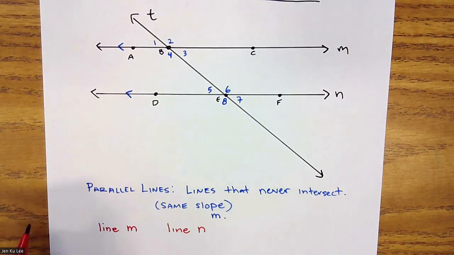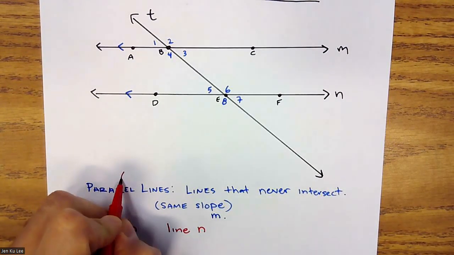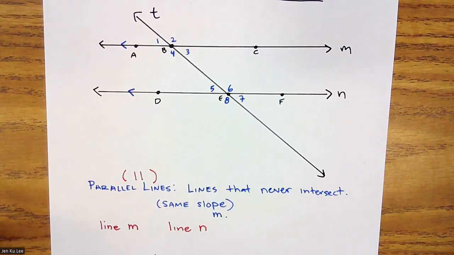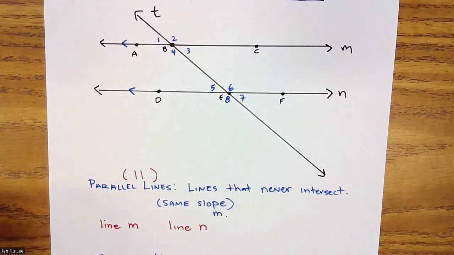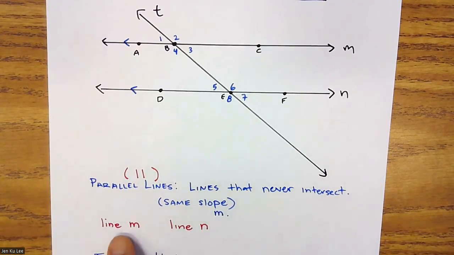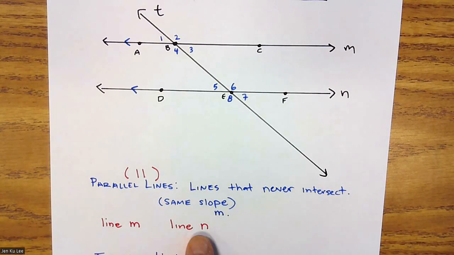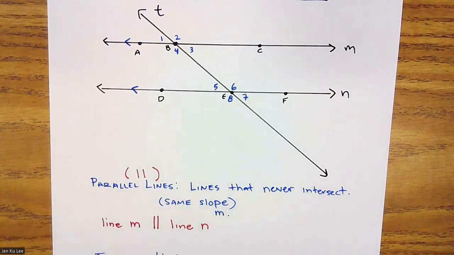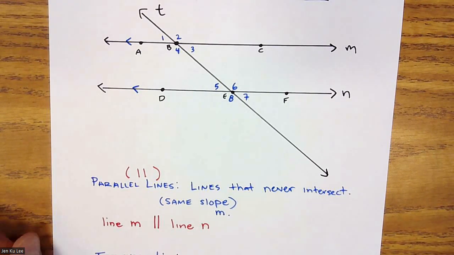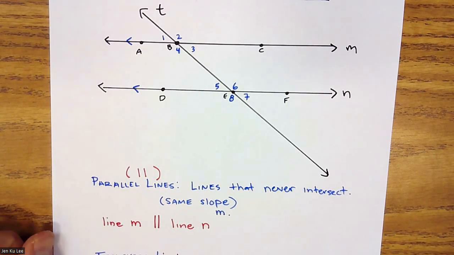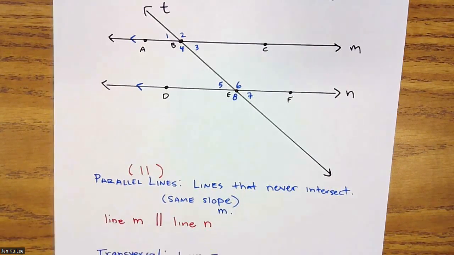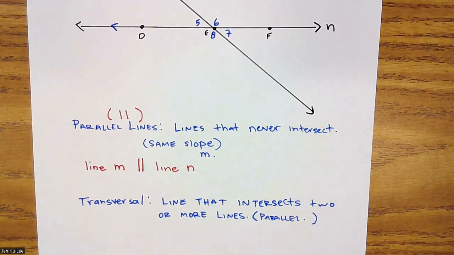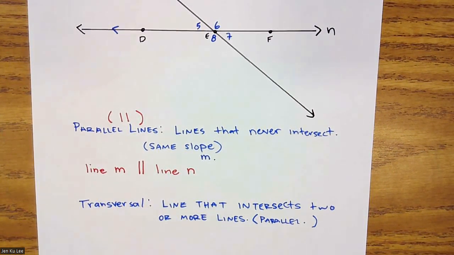And here's another notation that you guys need to know. Parallel, it looks like an 11. Okay, so if I wanted to say that line M is parallel to line N, I would just, in the middle of these two lines, write two vertical lines. Okay, two vertical segments. All right. So that just means parallel.